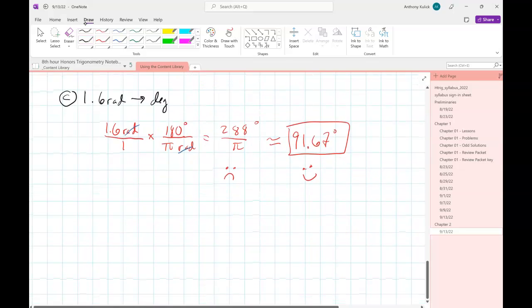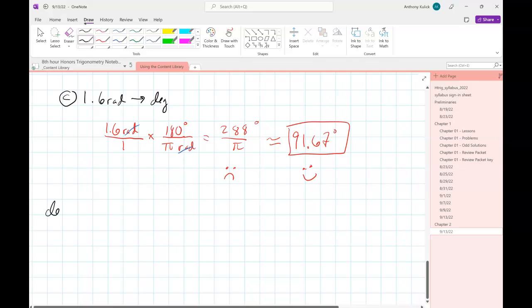That's probably enough on converting. If I take our unit conversion, it doesn't take too much imagination to get to this new definition.